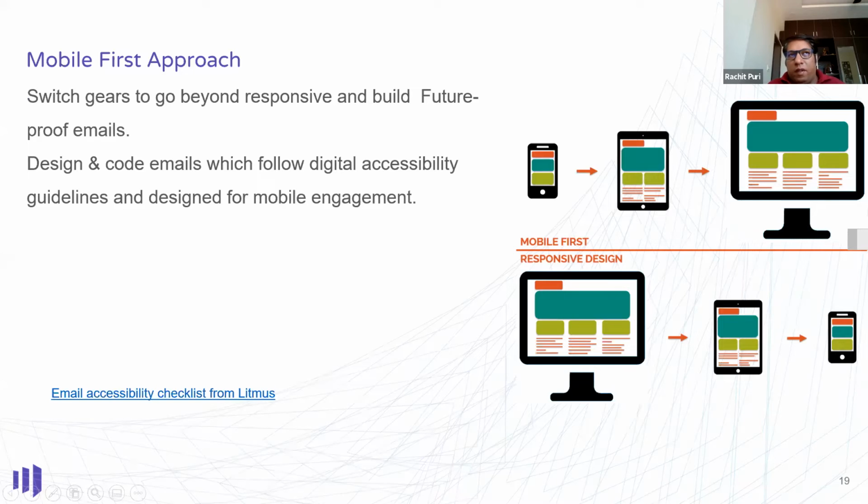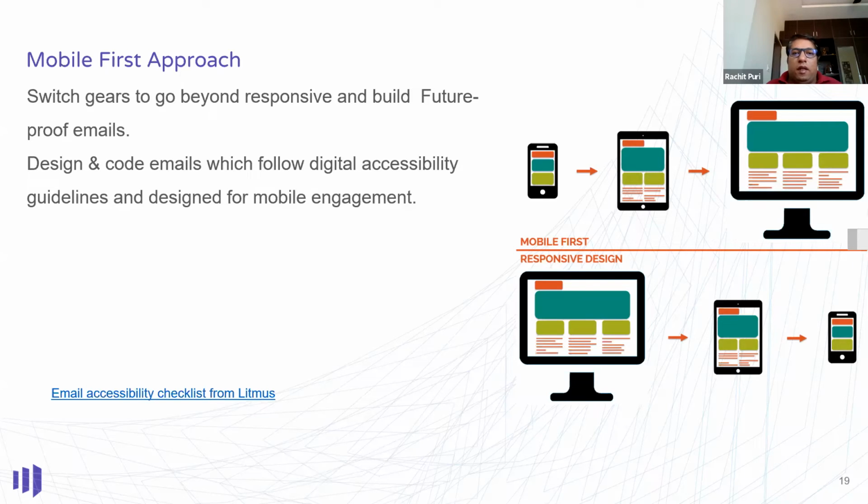Historically, in the past few years, I've seen a lot of marketers who have been building responsive emails and landing pages, which was fine during that time. But now it's time to switch gears and build emails which are future proof. You really cannot build emails for desktop and then try to transform them to look great on iPad or mobile devices.